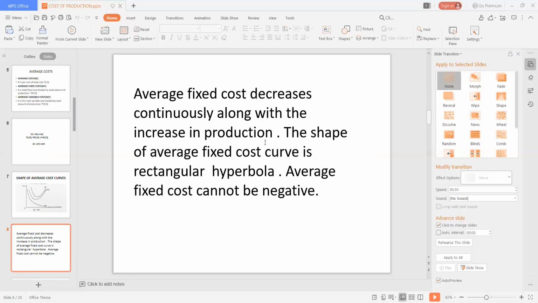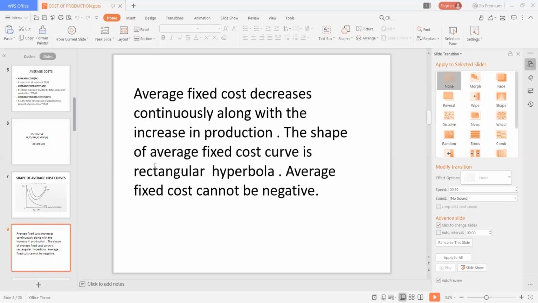The average fixed cost is AFC equal to TFC divided by Q. As Q goes on increasing but the TFC remains the same, the ratio goes on decreasing. That is, the average fixed cost is the ratio between the TFC and the Q. So average fixed cost decreases continuously with the increase in production.